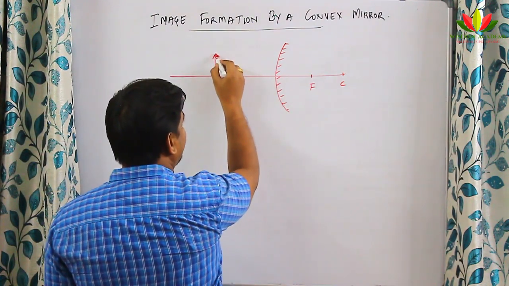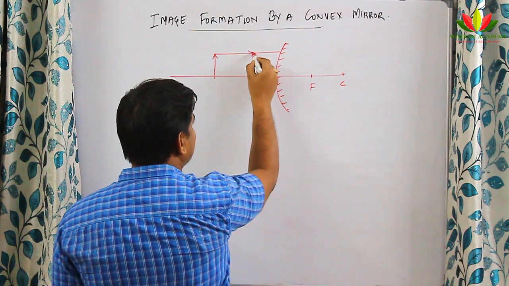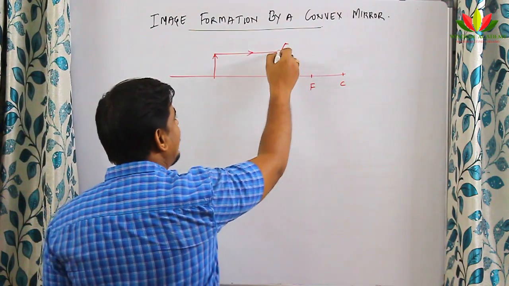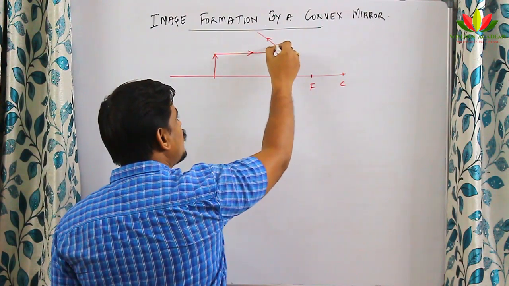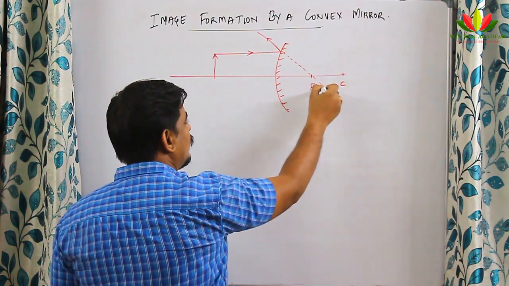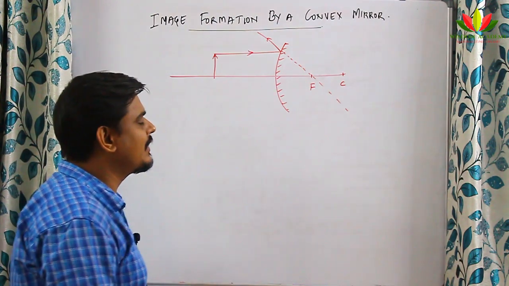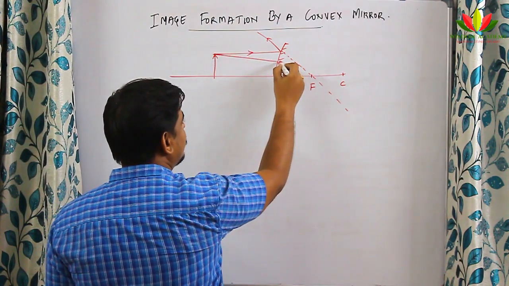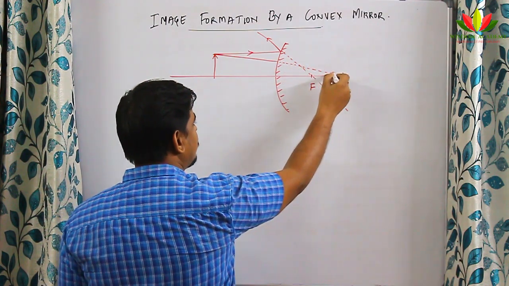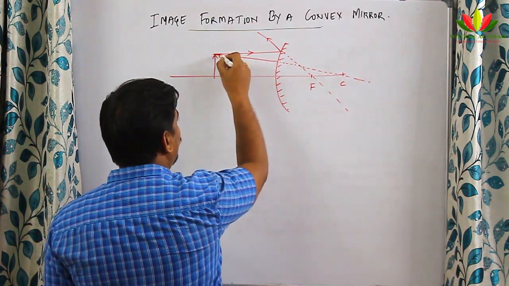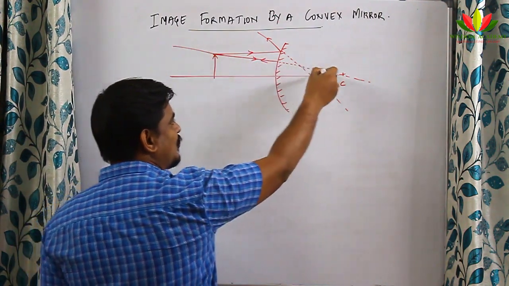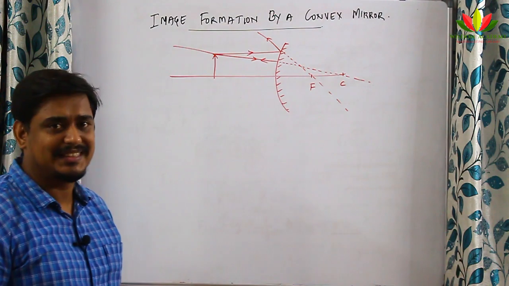The first ray is passing parallel to the principal axis. Here it will not pass through focus, it will get diverged and seem to pass through focus. For the second ray, we can take the center of curvature. A ray which is supposed to pass through the center of curvature will go back in the same path.